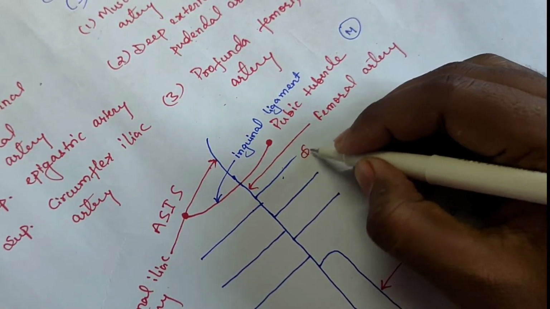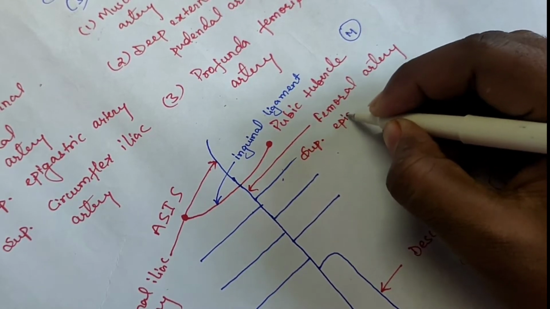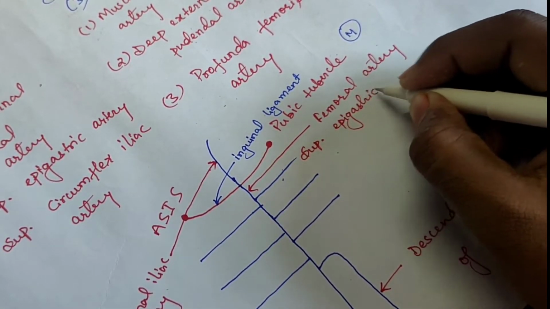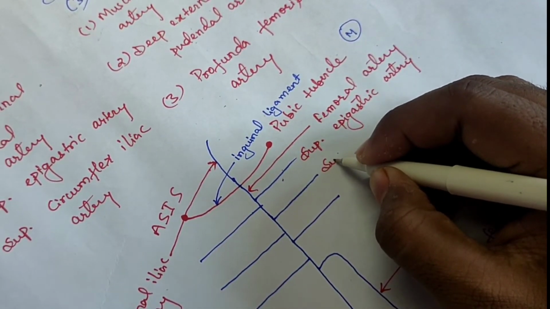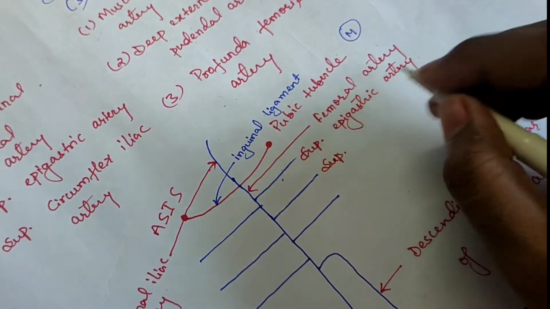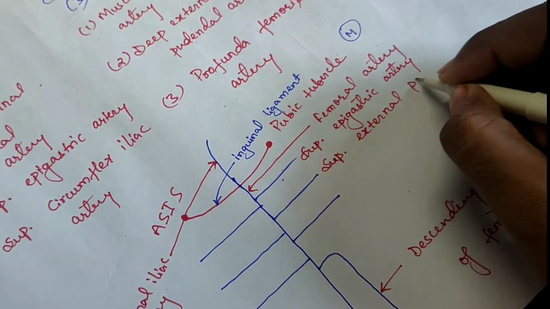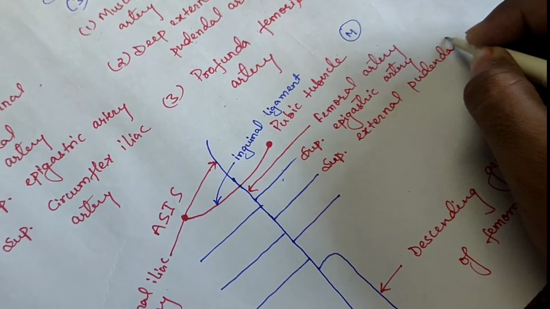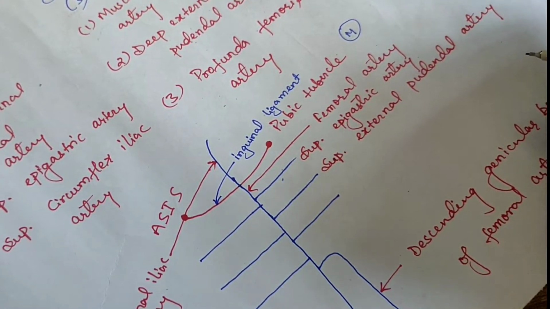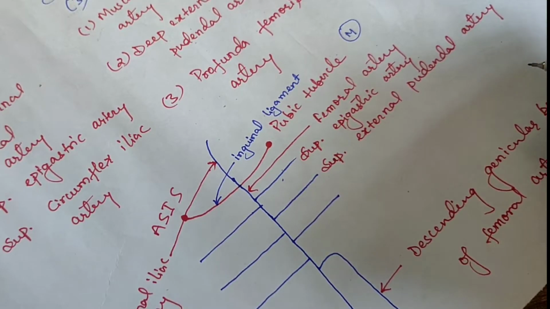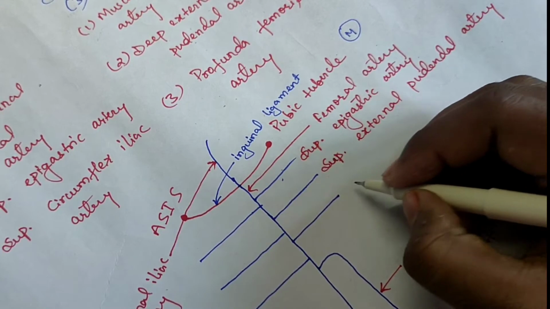The first one is superficial epigastric artery. Okay, the second one is superficial external pudendal artery. The third one is deep external pudendal artery.